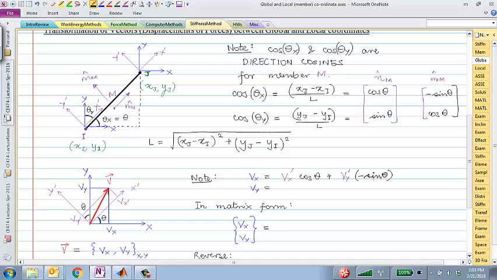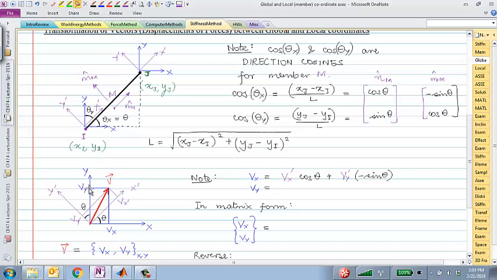I'll have to ask you to convince yourself with geometry that this is a valid relationship. Vx is the x component of vx prime, and subtract out the x component of vy prime. You'll get this relationship. Okay, the same thing for vy.